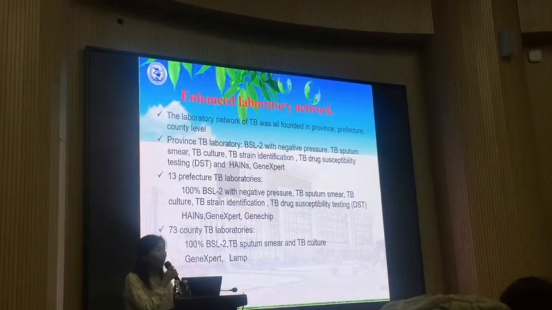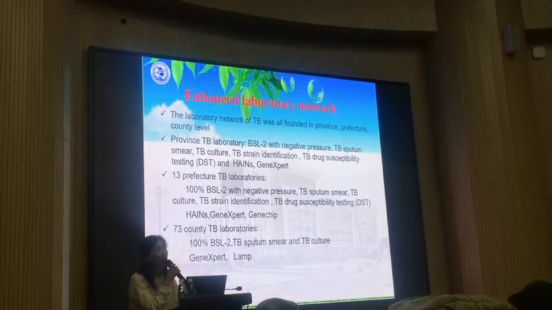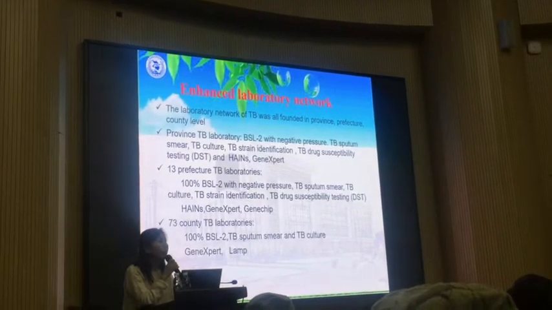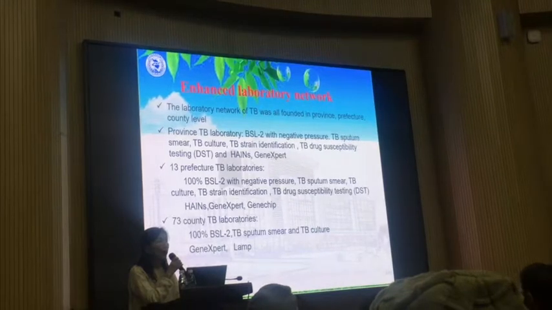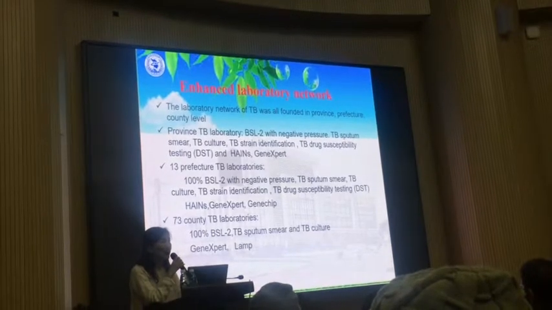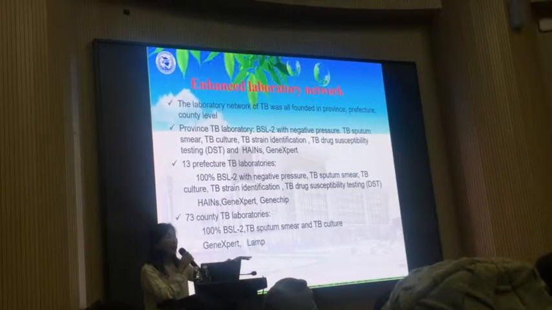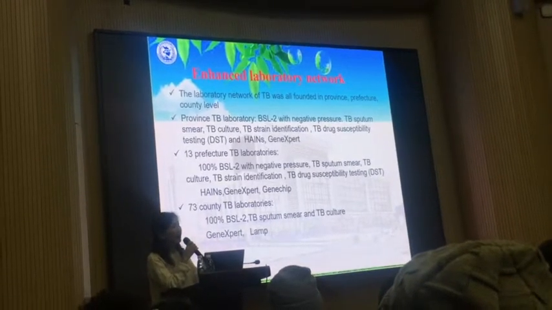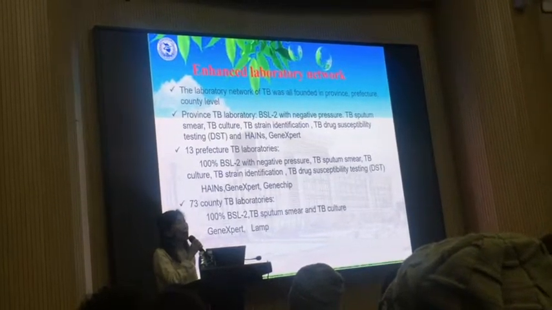So in our province, even at the county level, they can test for rifampin-resistant TB patients. They can find the RR patients, and then transfer them to the city level TB hospital, because only the city level TB hospital can treat the RR patients and MDR patients.